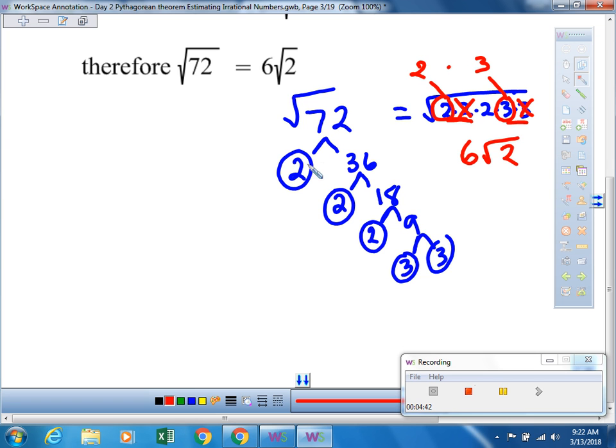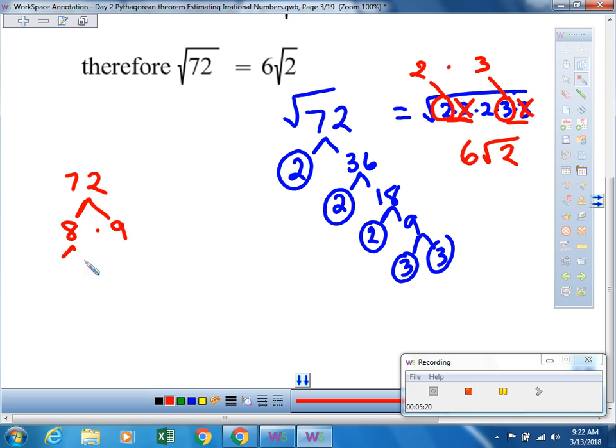Now, if I did this and I divided by 2 and I saw 36, right away you should start thinking, oh, 36 is a perfect square. I can take the square root of 36, and this 2 is just going to stay left inside. Okay? But maybe on the factor tree, you broke it up into 8 times 9.